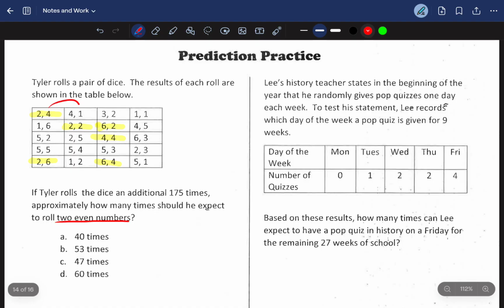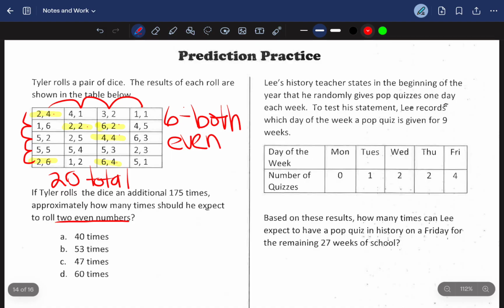So if we look, we have 1, 2, 3, 4, and then 1, 2, 3, 4, 5. So that's 20 total. Remember, you got to get a total. And then of those 20, we have 1, 2, 3, 4, 5, 6 even. 6 where both are even, I should say. It's always okay to take notes.